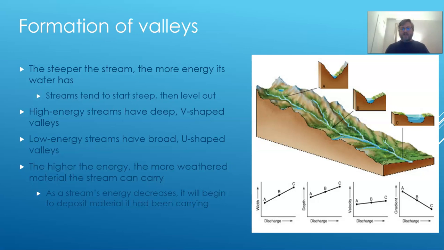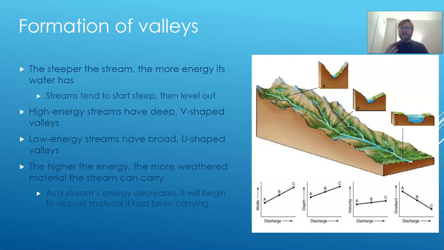And the higher the energy that the stream has, the more material it can carry along with it. So a stream that is very high energy, high slope, is going to erode a lot of stuff, and it's going to carry that stuff along. It's going to drag lots of material, just a large volume of material, and large chunks of material along with it. But as it slows down, as it levels out, as it loses energy, it's going to start to deposit that material.